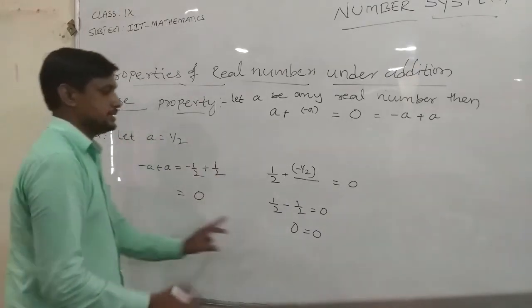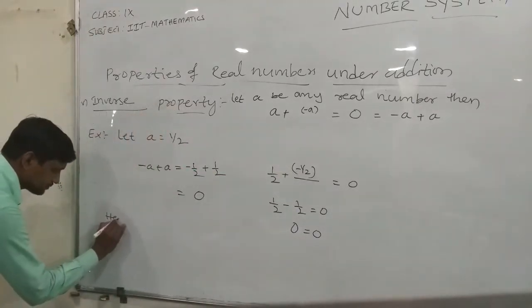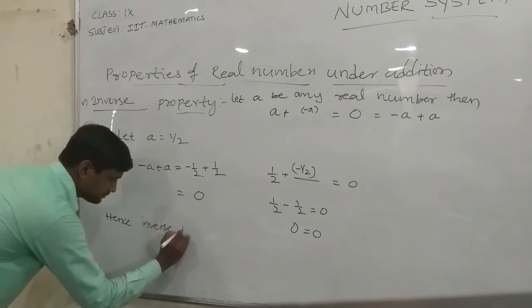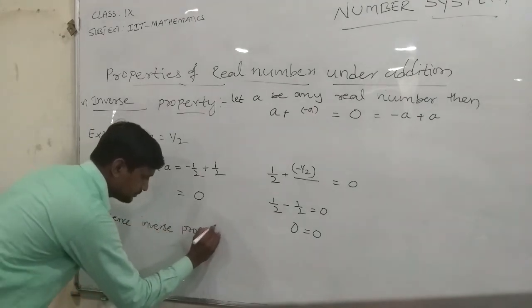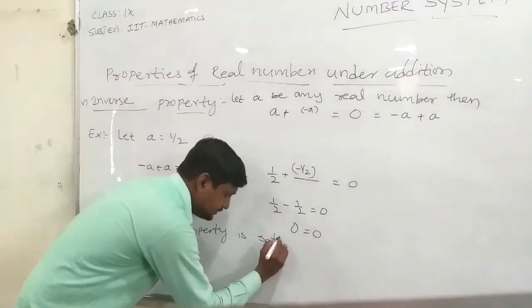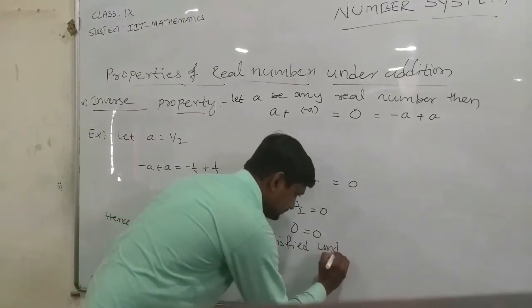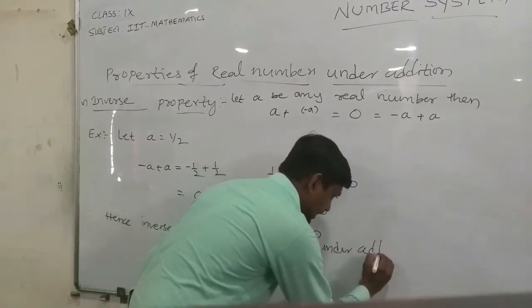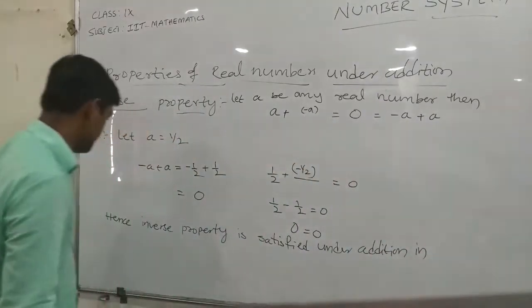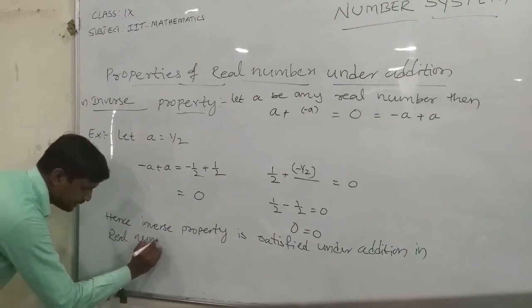So in both cases it is satisfied. Hence the inverse property is satisfied under addition in real numbers.